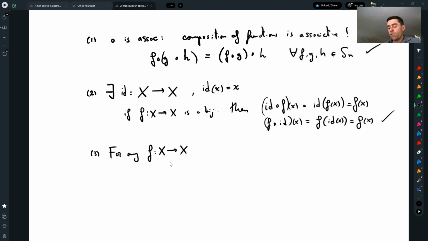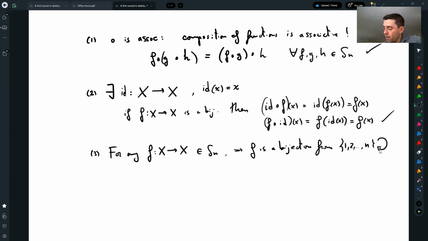And for any f that is from X to X in Sn, since it's in Sn, f is a bijection from 1 up to n, a finite set to itself, and therefore we have an inverse function because we have a bijection. We have an inverse.